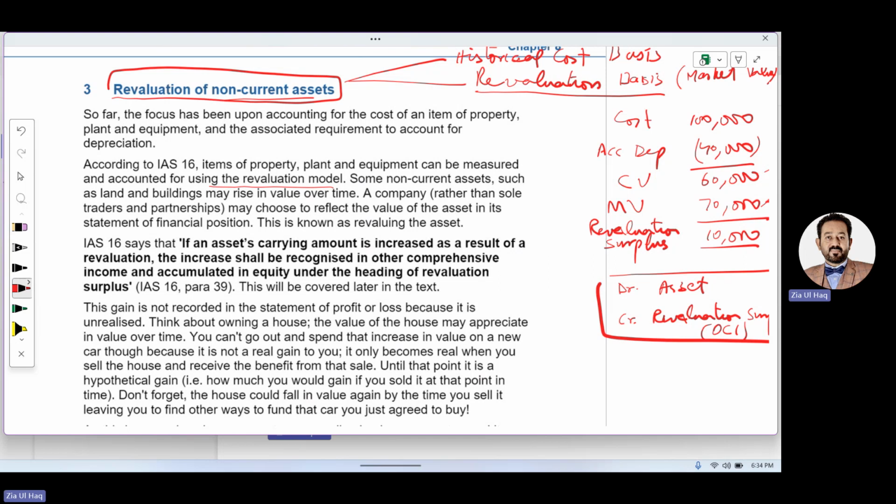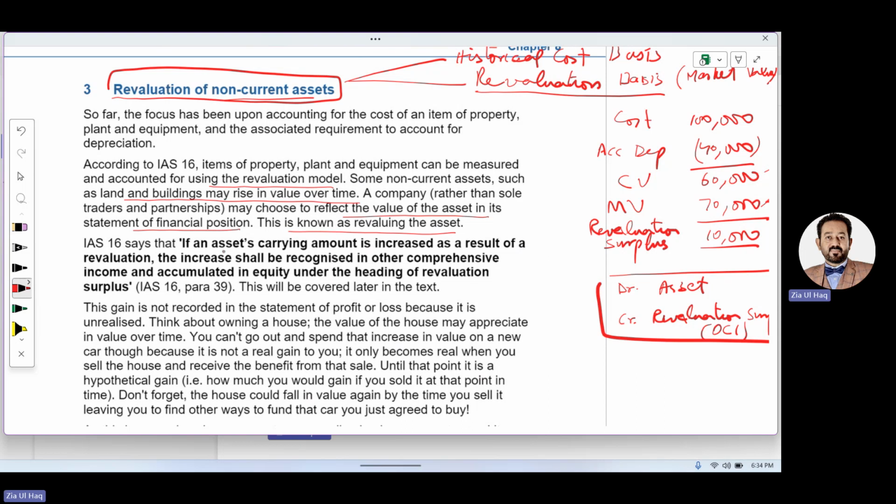Some non-current assets such as land and buildings may rise in value over time. A company, rather than a sole trader or partnership, may choose to reflect the value of the asset in its statement of financial position. This is known as revaluing the asset. It means you are increasing the value of your asset.